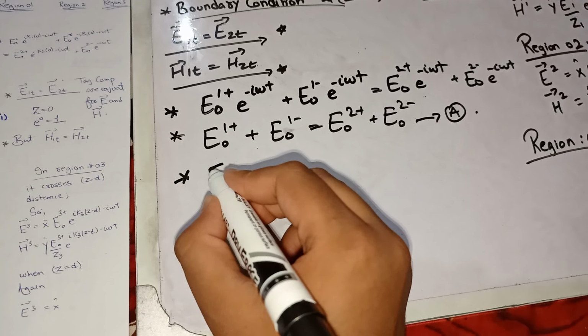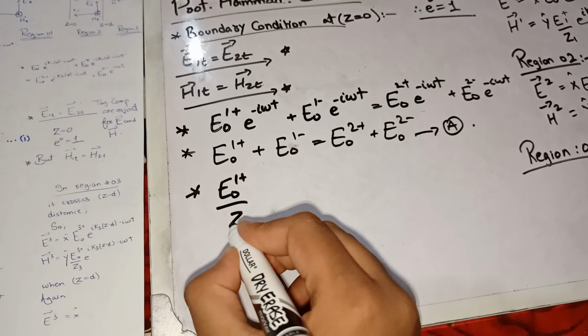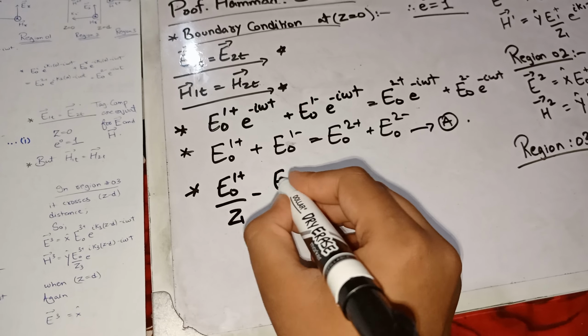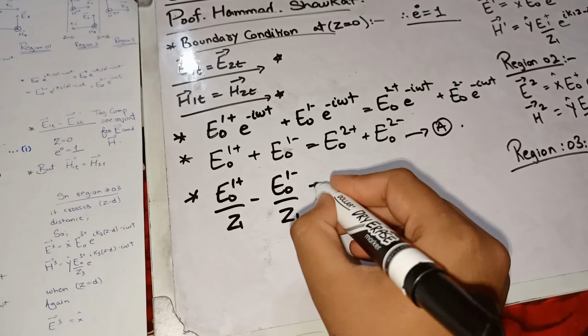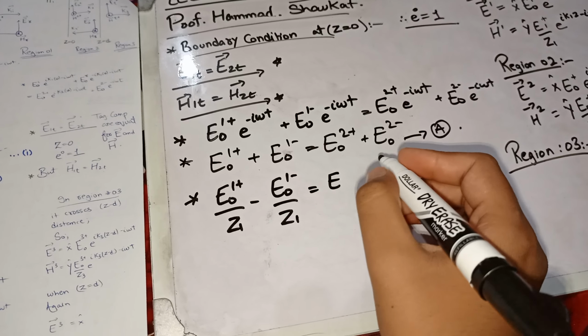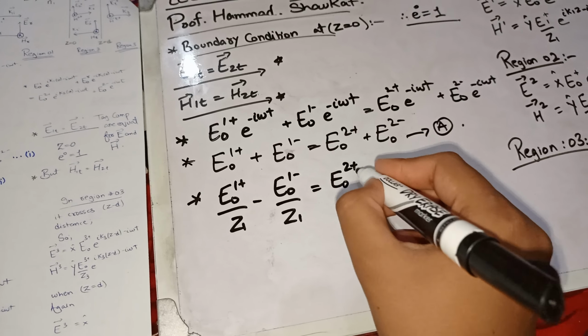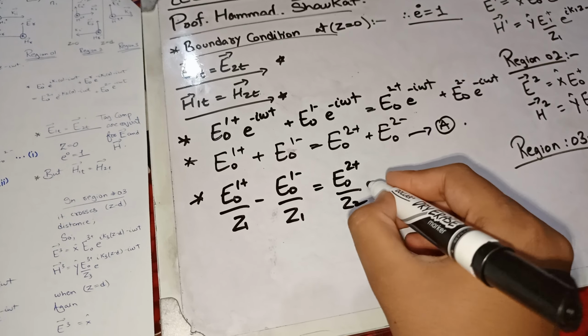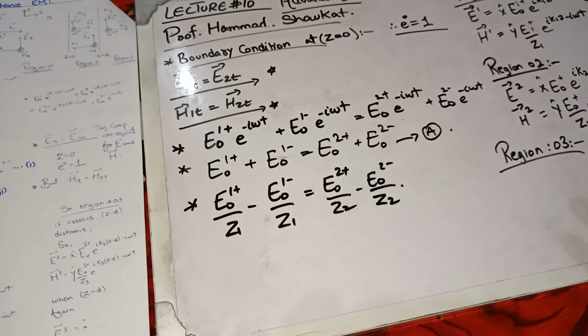It becomes E naught 1 plus divided by Z1 minus E naught 1 minus divided by Z1 equals, because tangential components of magnetic fields are equal, E naught 2 plus divided by Z2 minus E naught 2 minus divided by Z2.